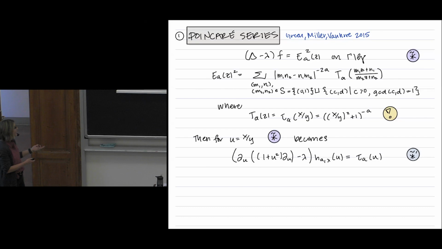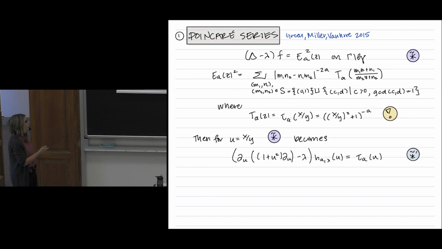So if we do this change of variables, setting u equal to x over y, and we look at this PDE on each summand instead of the whole expansion, the PDE reduces to an ODE in u, which is x over y. So it's this change of variables that makes this method possible.